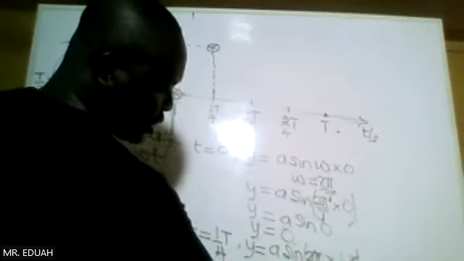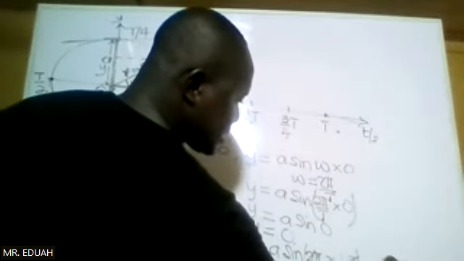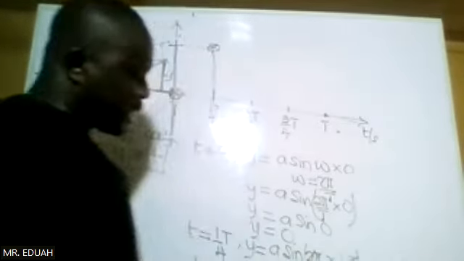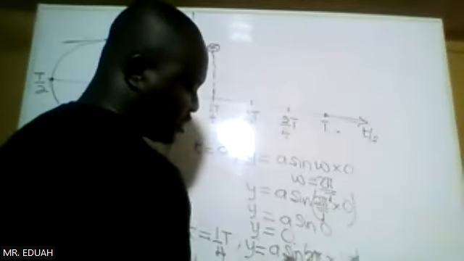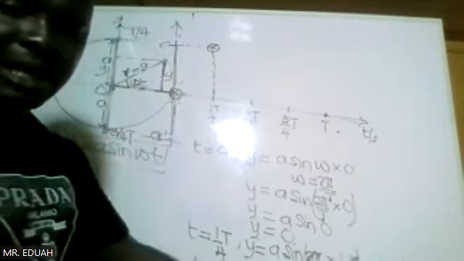Then 2 goes into this 2. So you have A sine of, now again, what is left? T has cancelled. 2 goes into 4, 2. So what is left here? Half pi, or pi on 2.